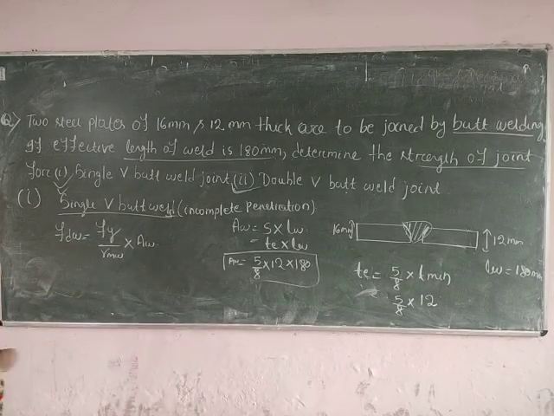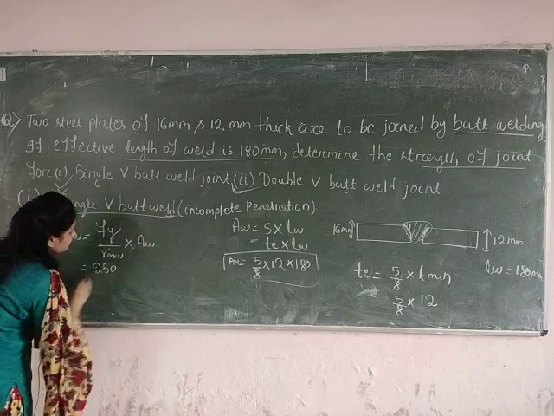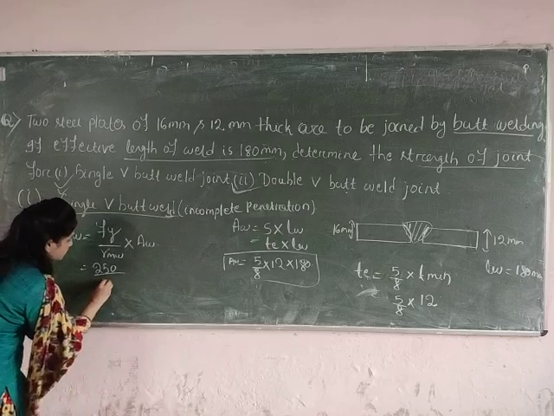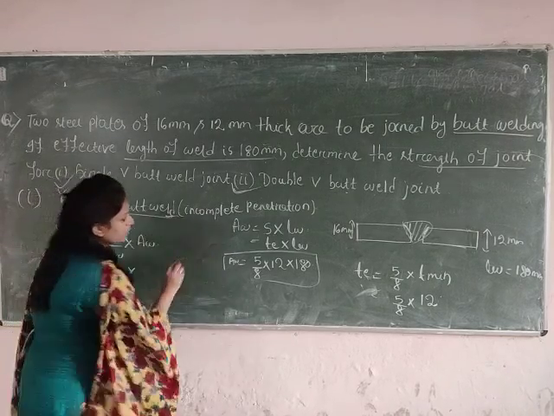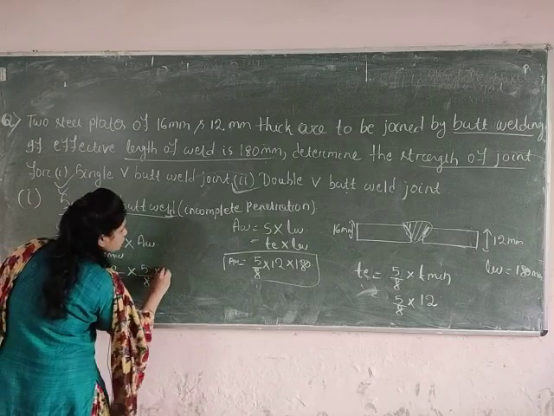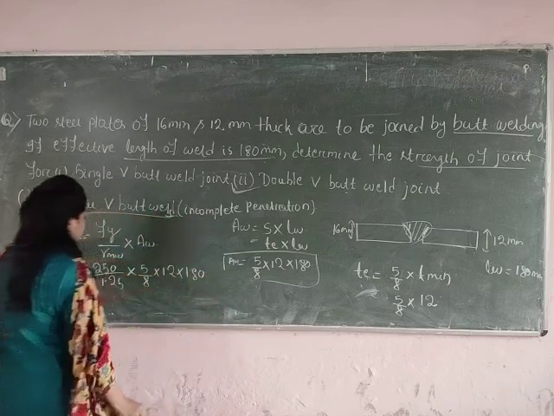Put all the values here. Fy is 250 Newton per mm square, that is a megapascal. Then gamma MW is 1.25, into area of weld, that is 5/8 into 12 into 180.